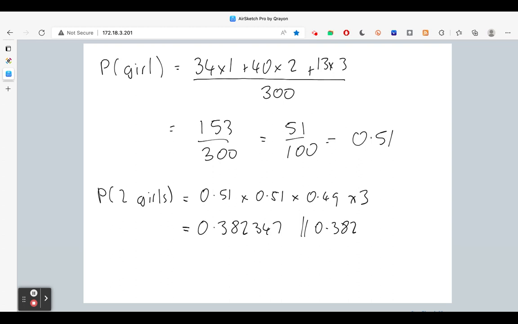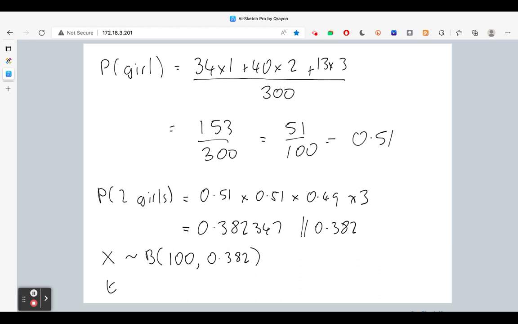The next thing we're going to do is work out effectively an expected value. What we're looking for is a family has 2 girls. So our condition is going to be a binomial distribution. We're going to choose X, number of families, such that we have 100 families and a 0.382 probability that it has 2 girls.